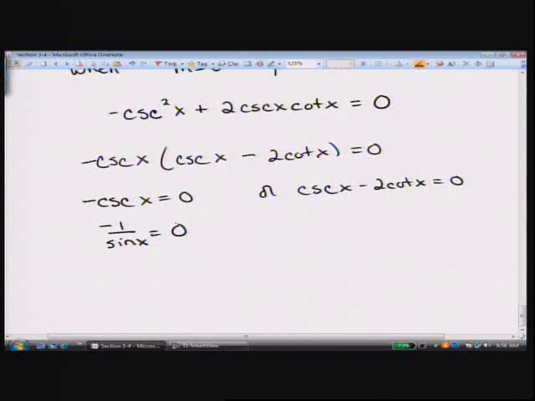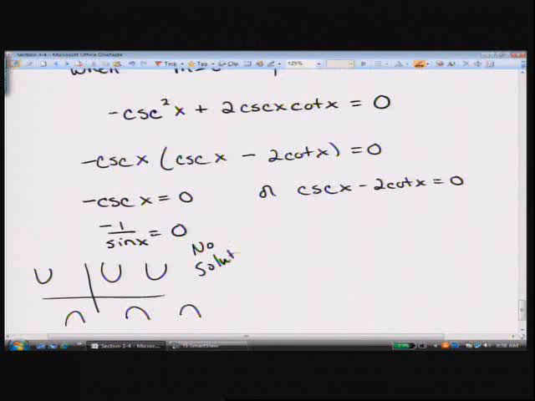The other way you could think of it is the graph of the cosecant. It's that one that looks like a bunch of u's, and it had the asymptotes. It never crosses the x-axis, which is what would be necessary here for this to be true. So it never crosses, so this is no solution.